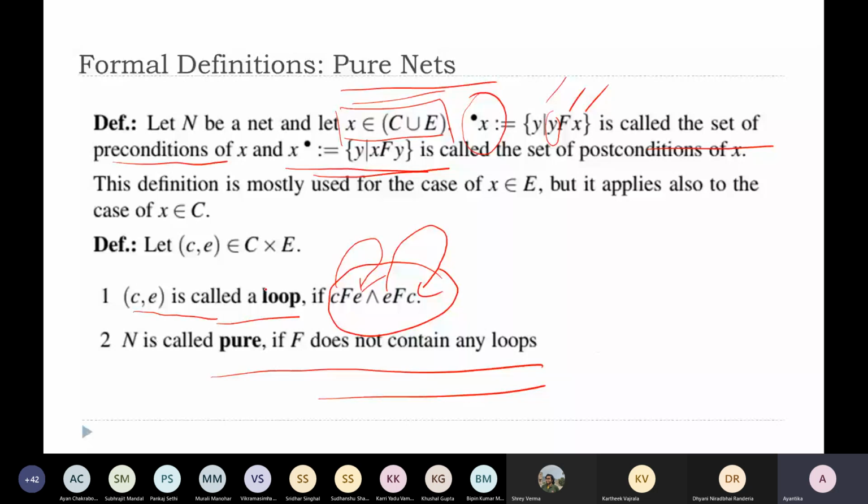And if there is a loop, we cannot call this a pure net. That means in pure net there will be no loop.